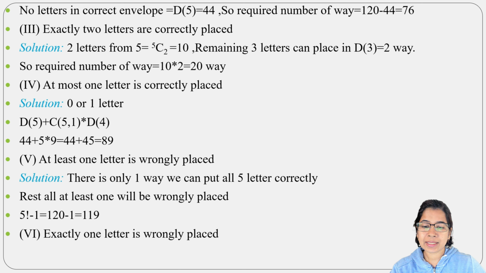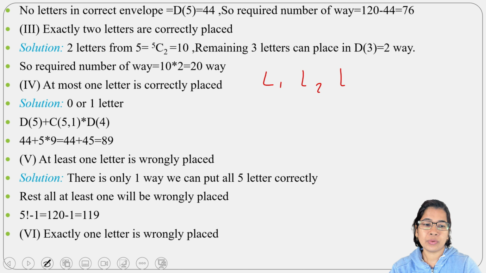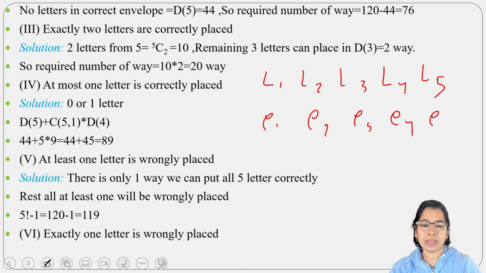Next question, exactly one letter is wrongly placed. This is not possible. We have 5 letters L1 to L5 and envelopes E1 to E5. Exactly one letter wrongly placed means, suppose letter 3 we put in envelope 4. Then letter 4 will also be put in some different place, right?